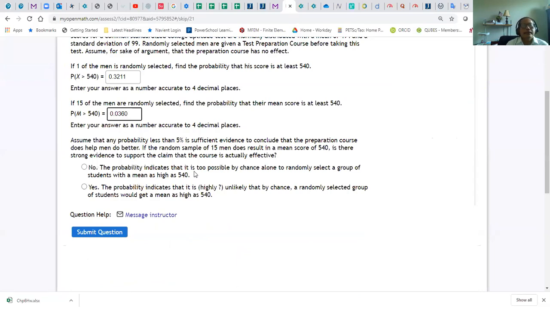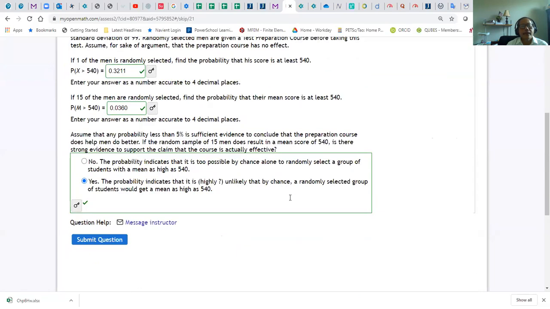Okay, let's see. Assume that a probability less than 5% is sufficient evidence to conclude that... Because this one is less than, the answer is yes. Yeah, makes sense.